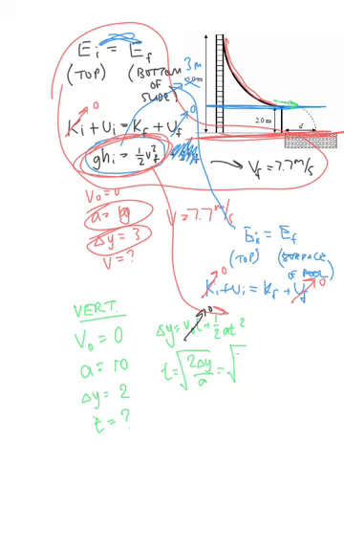That's going to be 2 times 2 divided by 10. So 4 divided by 10. So we want to take the square root of 0.4, and I'll just leave it as that for right now.